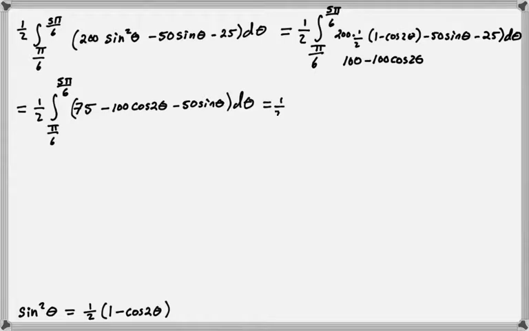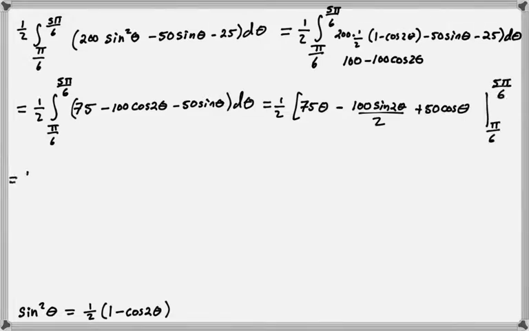So we'll go ahead and integrate. So 1/2 times 75 theta minus 100 sine of 2 theta divided by 2 plus 50 cosine of theta. And we're going to evaluate that from pi over 6 to 5 pi over 6.